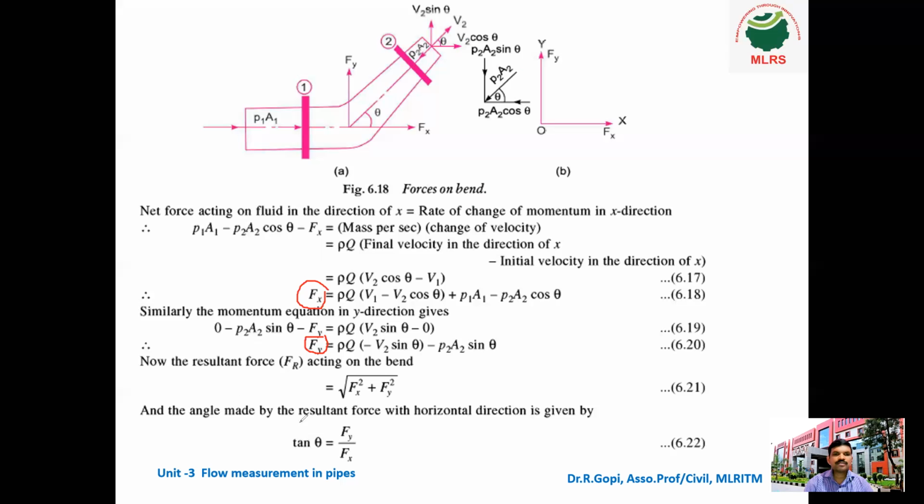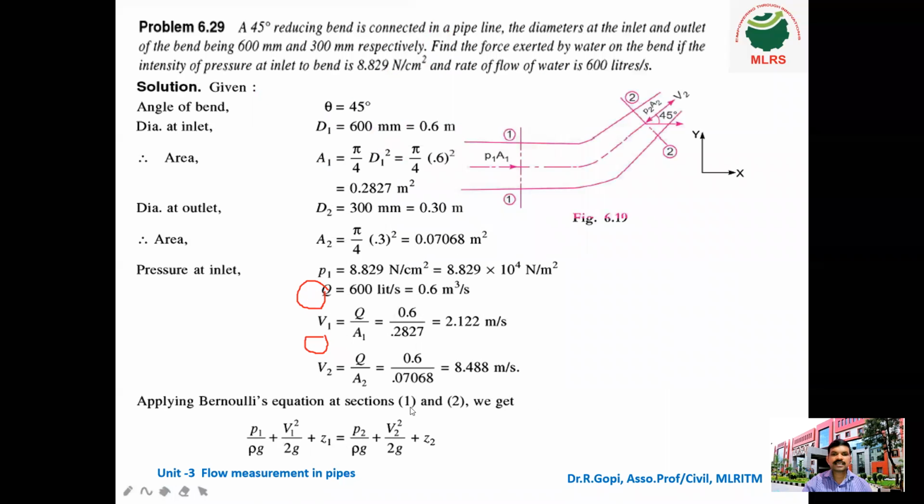Next, the angle made by the resultant force: tan θ is equal to Fy divided by Fx. From this we can easily calculate the resultant force, magnitude and direction.